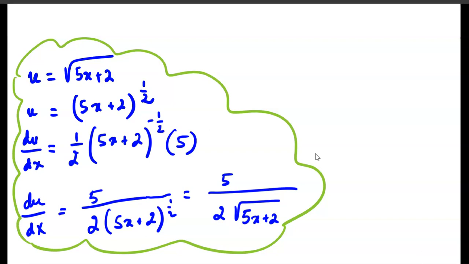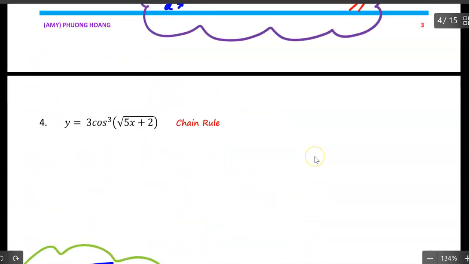5 over 2 multiplied by the square root of 5x plus 2. Okay, so we leave it for now. And because of the chain rule, I'm going to show everyone how to do this step by step. So the first thing you do is you pick up this exponent 3 of this function cos, and then you multiply that with the 3.